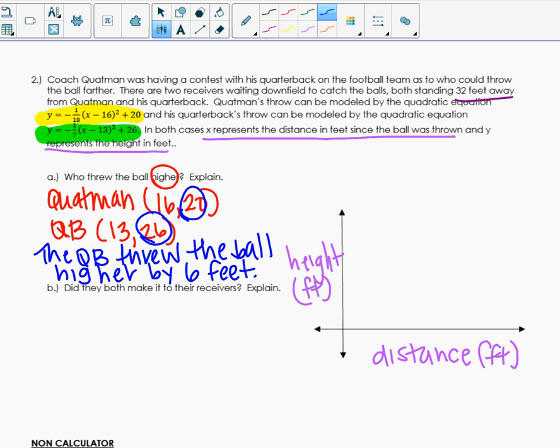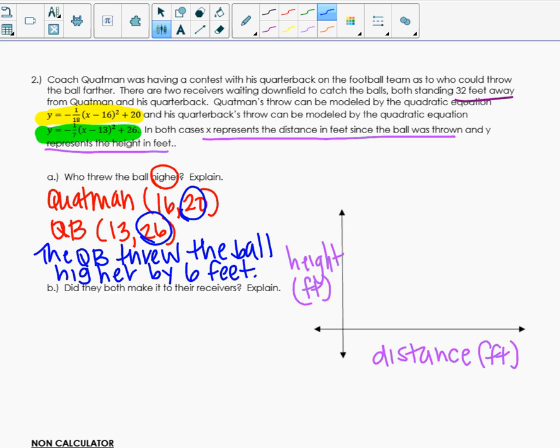So the explain part is kind of saying, if you say the quarterback threw the ball higher, that's great. You're answering the who threw the ball higher. But if you explain simply by saying 3 extra words, by 6 feet, you're saying to me, hey, I understand that it's my y value. I know what I'm comparing, yada, yada, yada. Okay? Give detail. This is something you should really, really, really practice. Check your answers. If they're slightly different than the answer key, come ask, okay, you guys, because sometimes you're right, sometimes you're not right. So there's no harm in asking, okay?